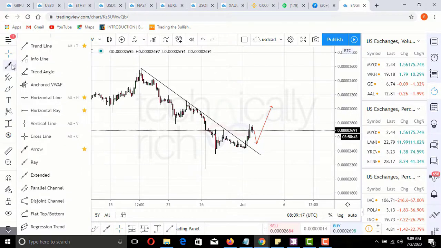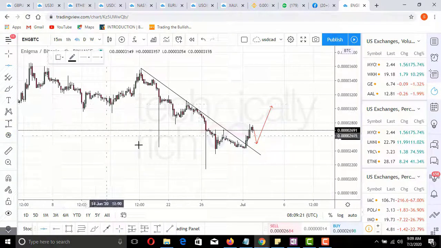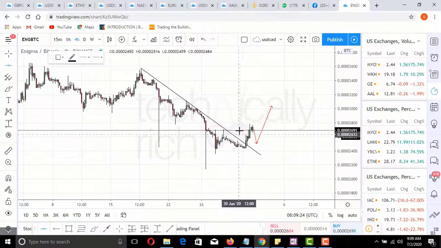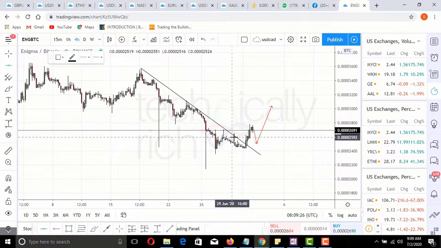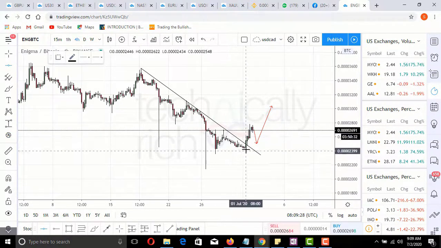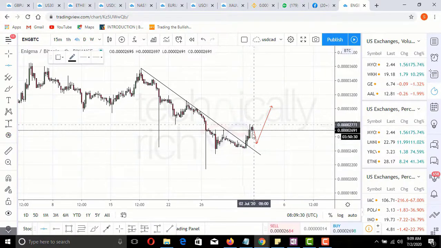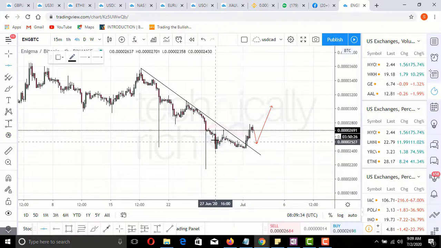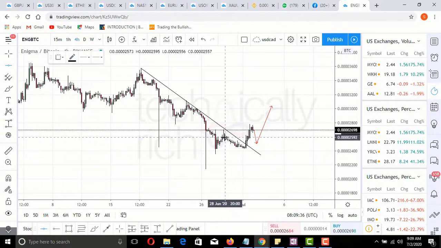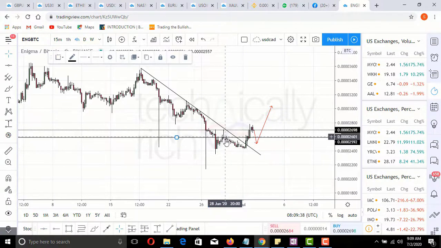So now let's see. Let's say, for example, here is the current movement of the market, right? Current price movement. Now this was the last resistance around there.